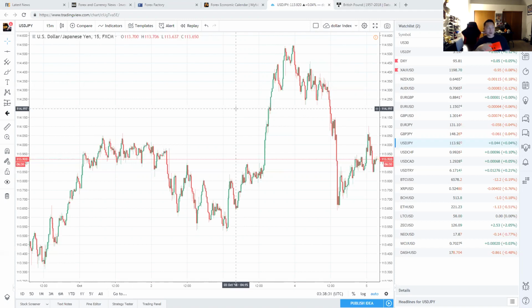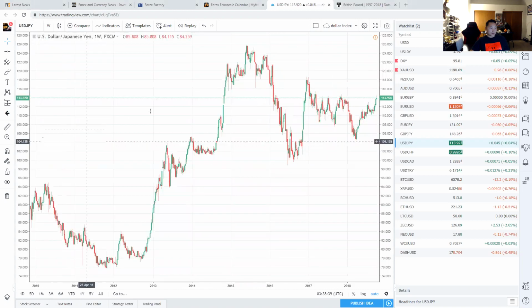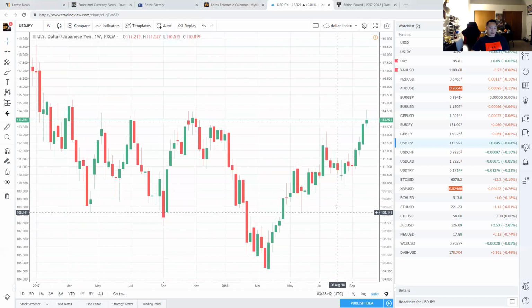Now on the 15-minute, basically this is based on scalping. For me to see a reversal, I'm showing you guys the weekly chart, right? The best time to buy USDJPY was when this candle engulfed the previous candle, this bearish candle here.